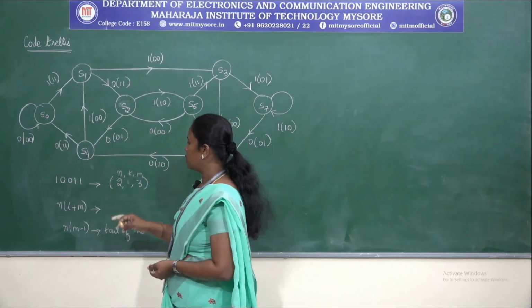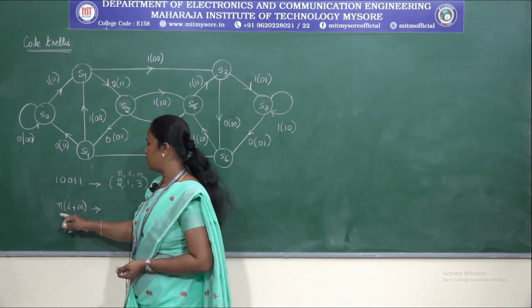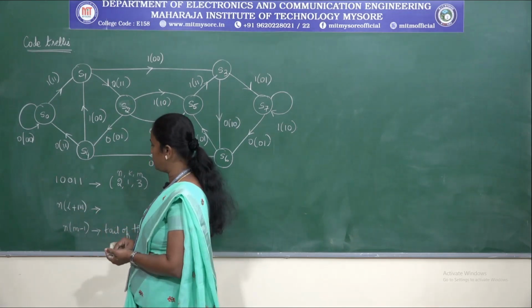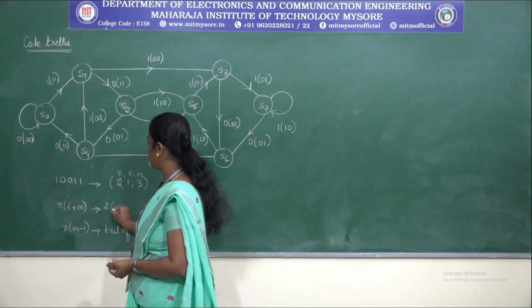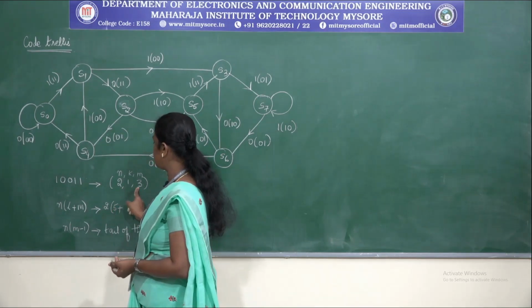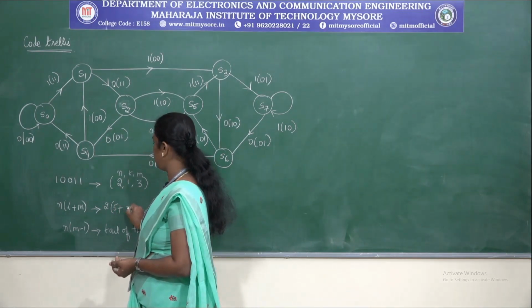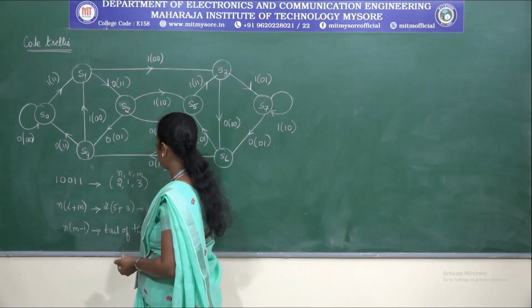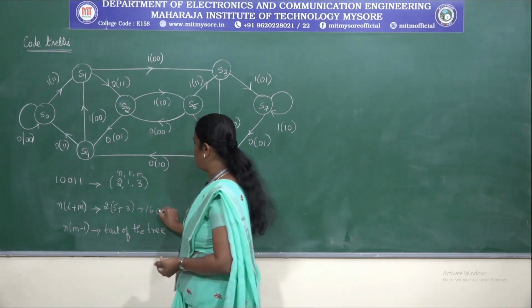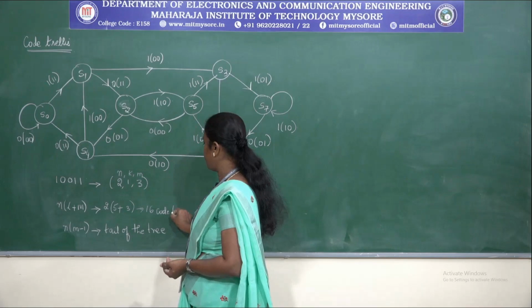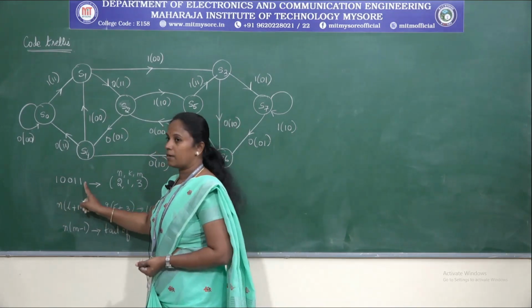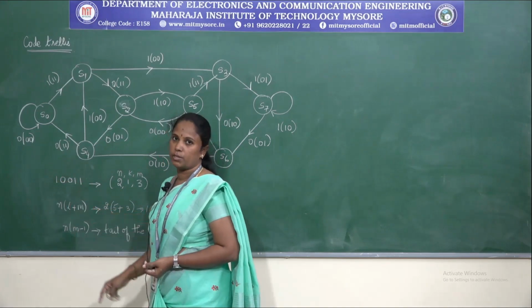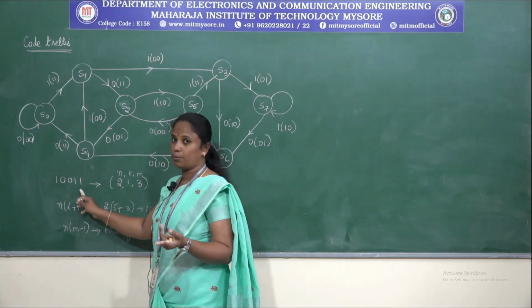Now if we consider the equation N into L plus M, N is 2, the length of the message sequence is 5, plus M, the number of adders, that is 3. So you are going to get 16 code bits. But how many code bits can we represent from the given message? We can represent only 10 bits.